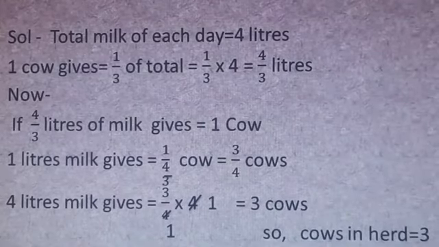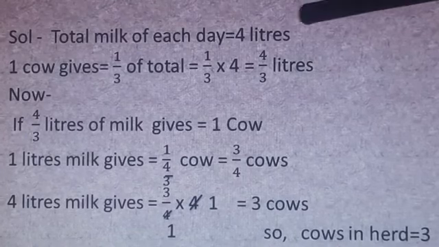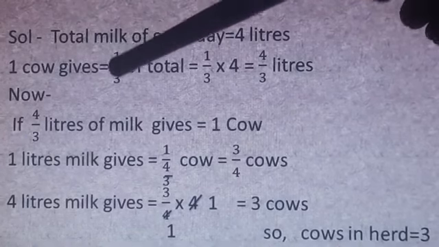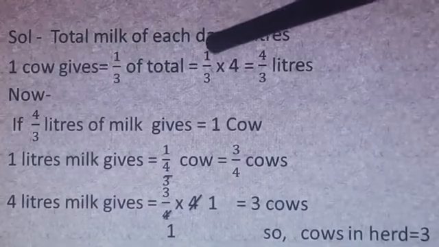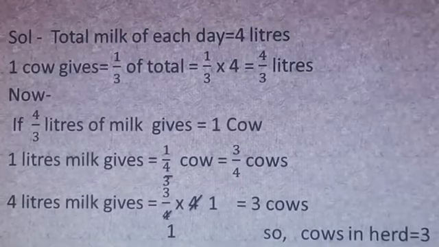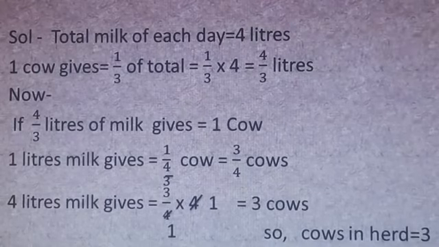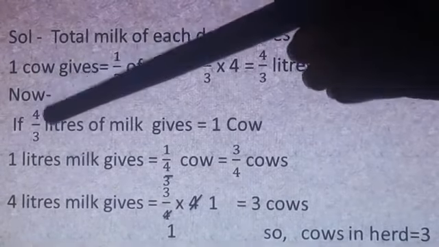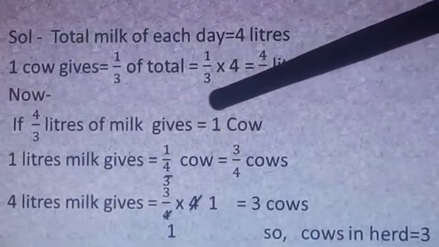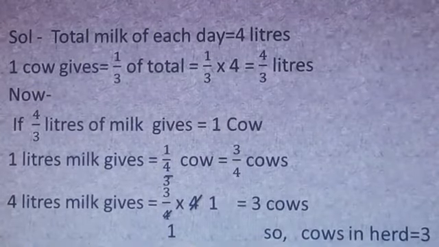So let's start the solution. Total milk of each day is 4 liters. 1 cow gives 1/3 of the total milk, that is 1/3 of 4 liters. That is 4 ones are 4, 4 upon 3 liters. Right? And now 4 upon 3 liters of milk gives 1 cow. Okay.